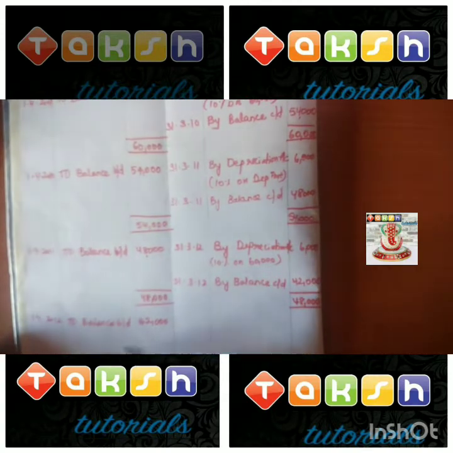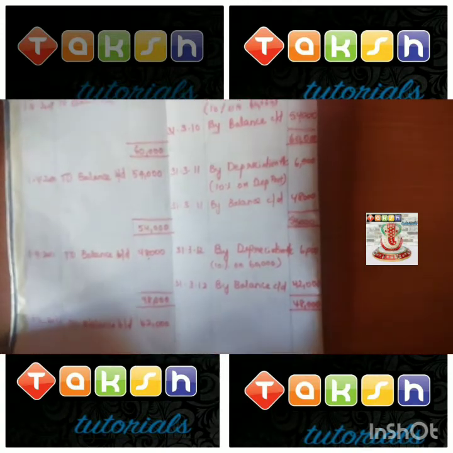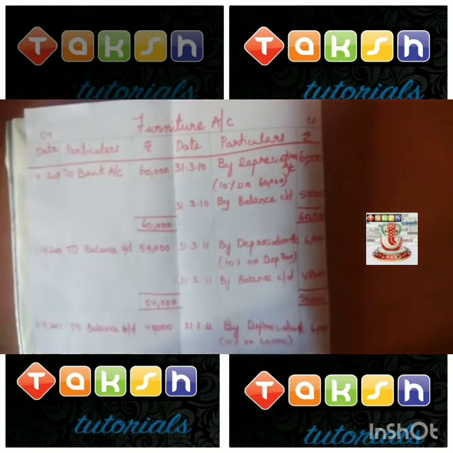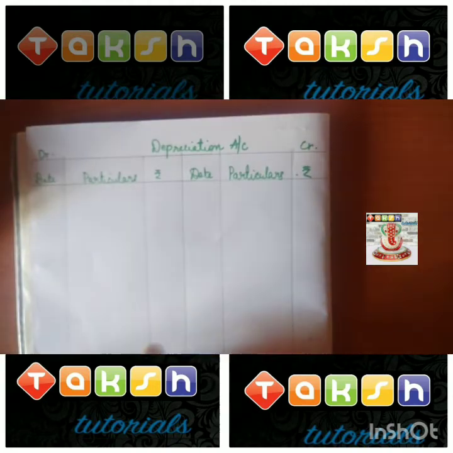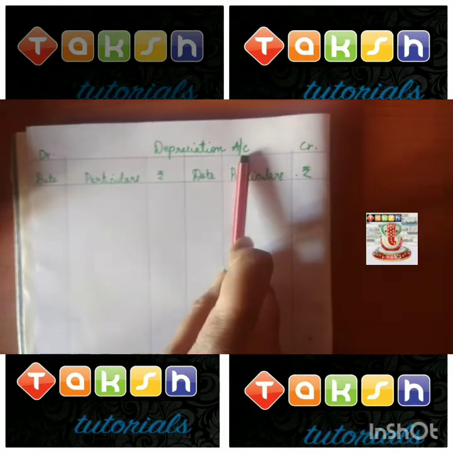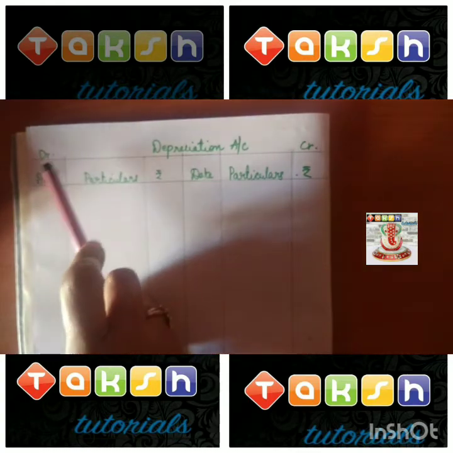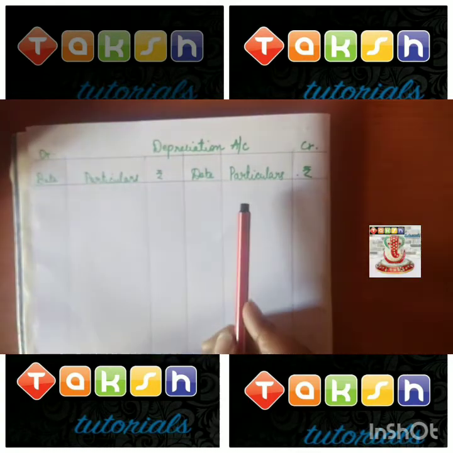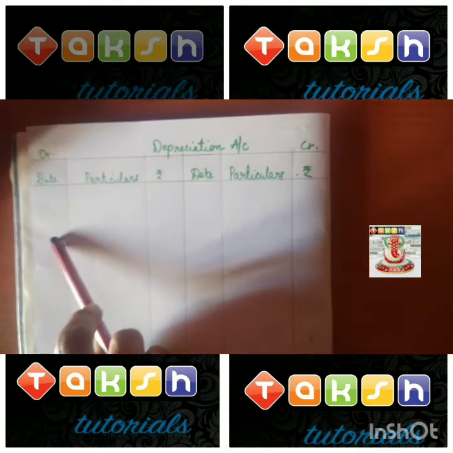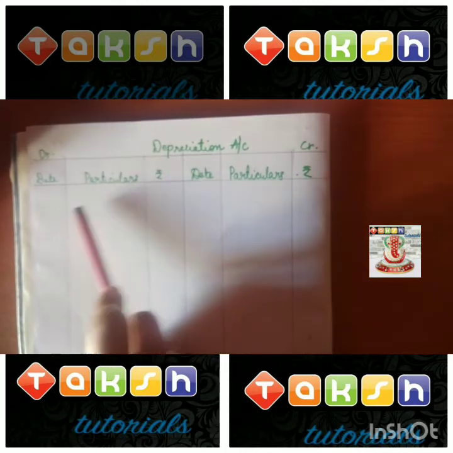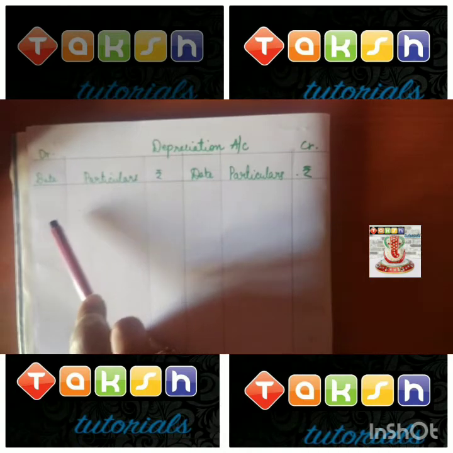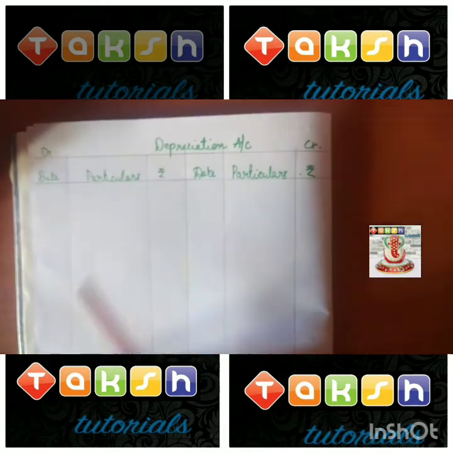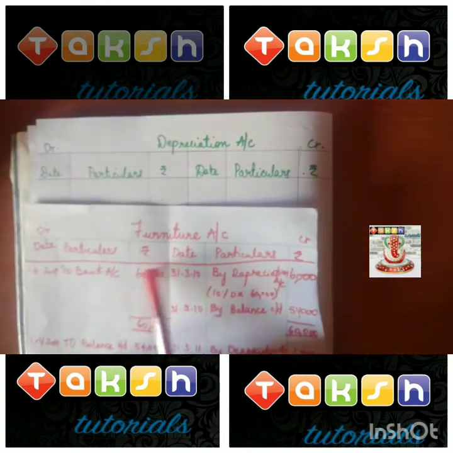The next step is to prepare the depreciation account. Now we will prepare depreciation account. So you have to write debit. Now on the debit side of your depreciation account, you have to write to furniture account. Now see the furniture account.